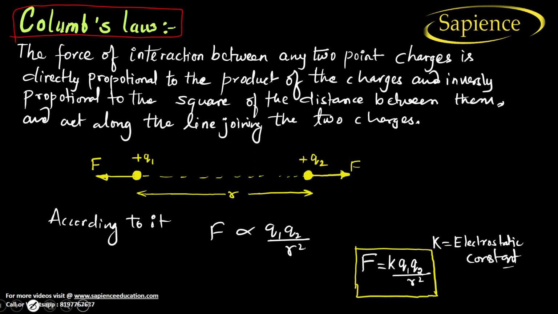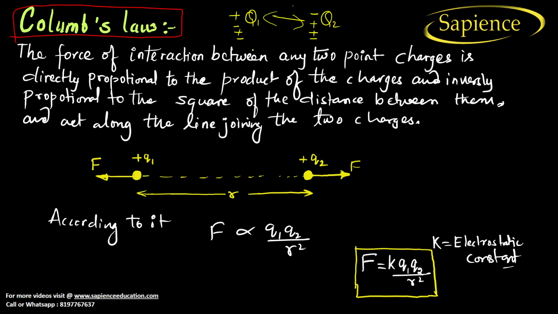Coulomb is the scientist who has given this law. As per this law, basically, before reading the statement, you need to understand that there are charges Q1 and Q2. It may be positive, it may be negative. It may happen that one is negative and one is positive, or both are positive, or both are negative. So it will experience a repulsion force or attraction force.